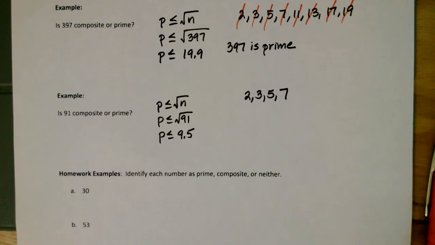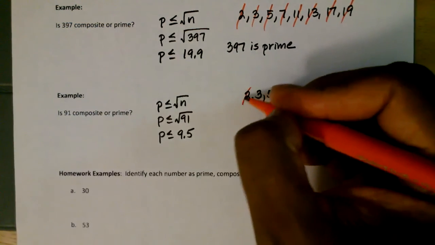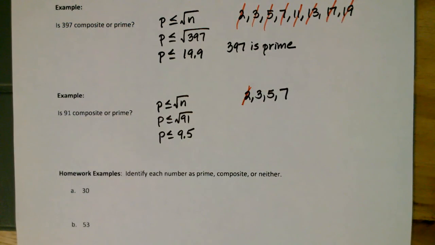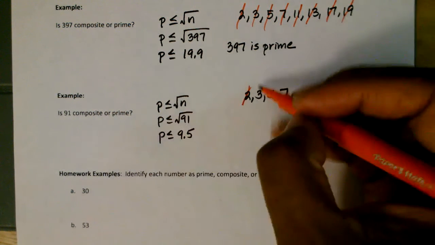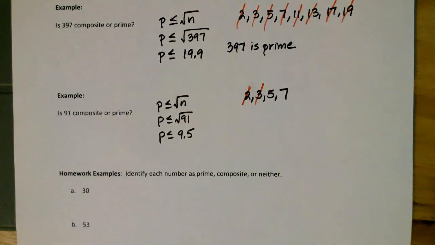Now, if I divide 2 into 91, or 91 divided by 2, that's going to give me a decimal of 45.5, so I could eliminate that. Let's see, 91 divided by 3. Let's try that. We can eliminate that as well, because that will give me a decimal.